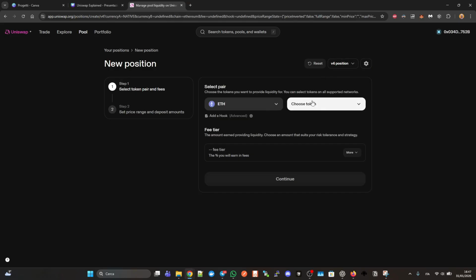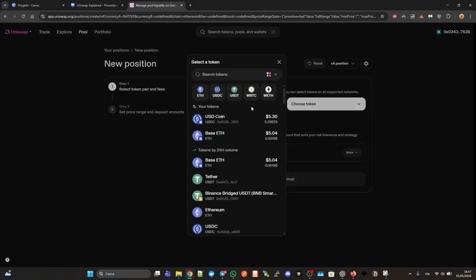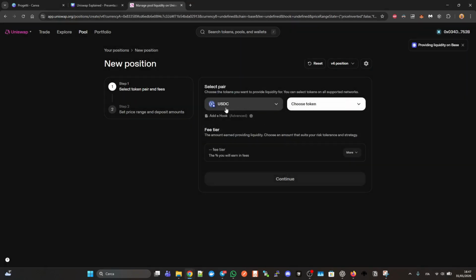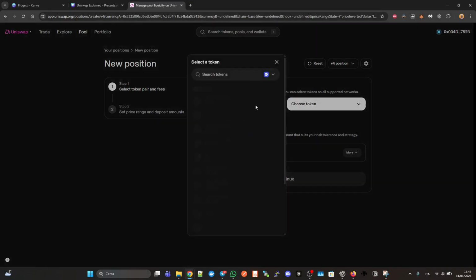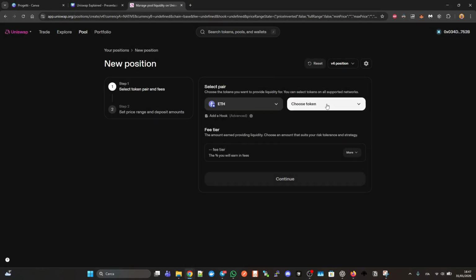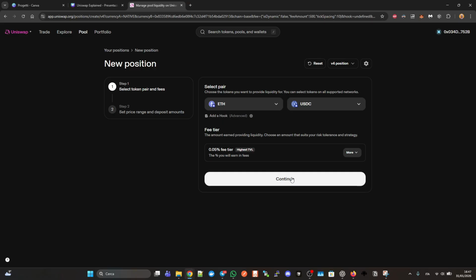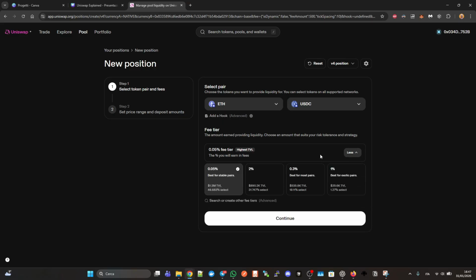We can also do V4 because it is similar, since we are not going to use any hook. So we can do, let's say, ETH to USDC. Okay, Fee Tier. Here we can choose the Fee Tier.